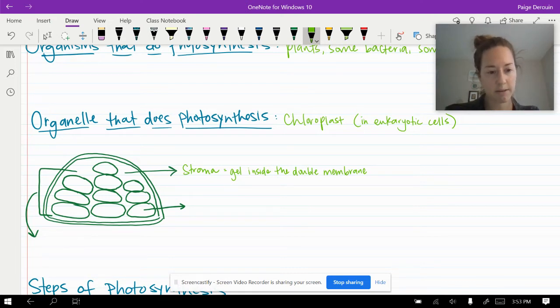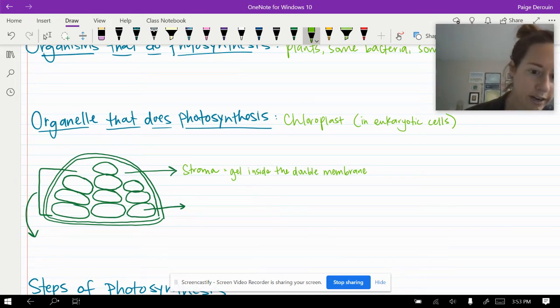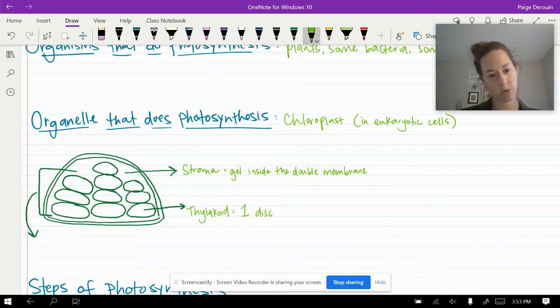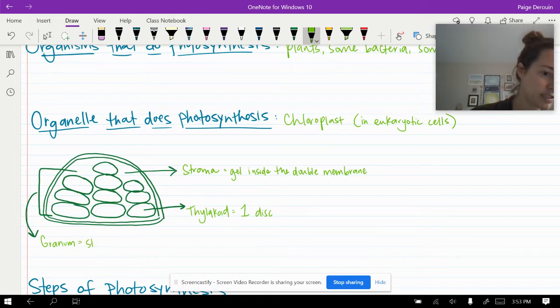Then you have these disc-like things. They look like stacks of rocks. Each of the little discs is called a thylakoid. So I'll just say that this is one disc. And then if you stack up a bunch of thylakoids, you create a granum, which is a stack of thylakoids.